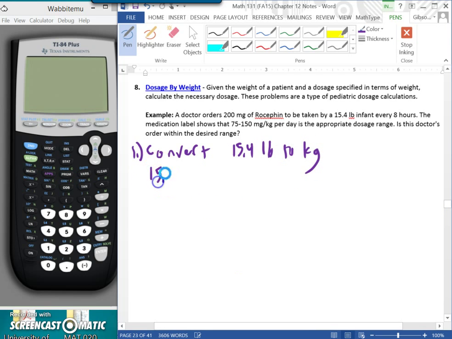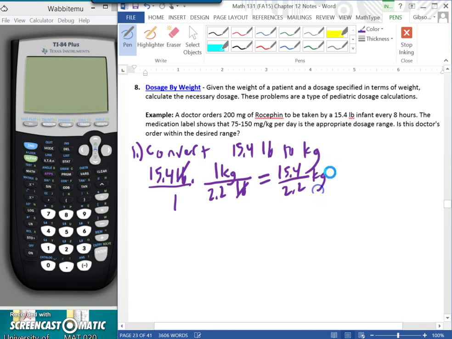So we have 15.4 pounds, and we will multiply this by, it takes 2.2 pounds to equal 1 kilogram. After we multiply this out, we know the pounds will simplify with pounds. So we have 15.4 over 2.2 kilograms, and that will give us 7 kilograms.